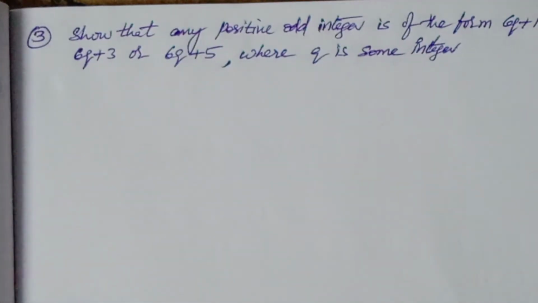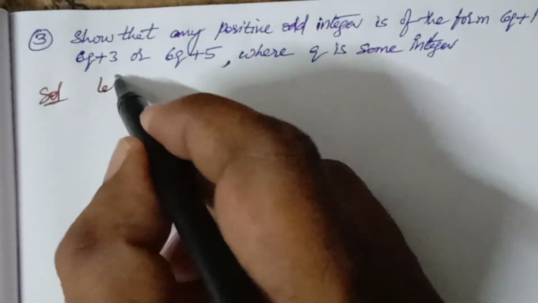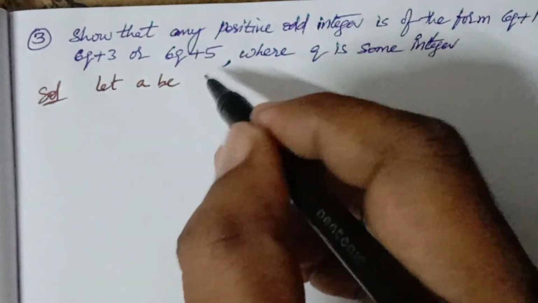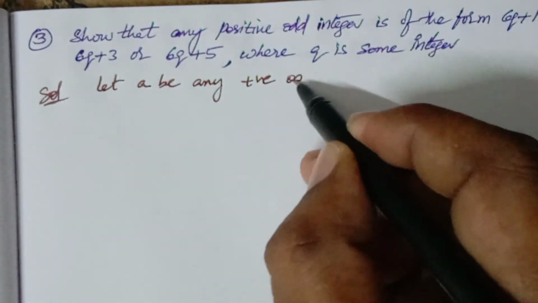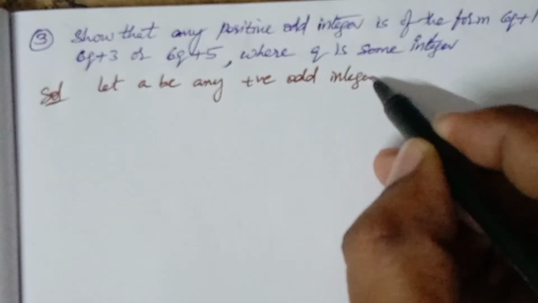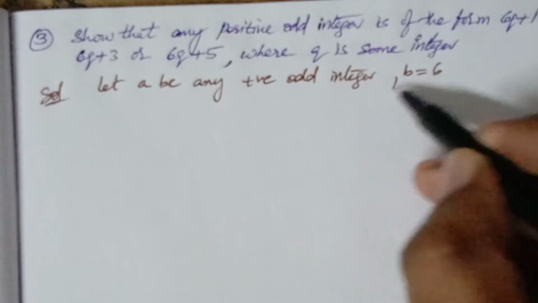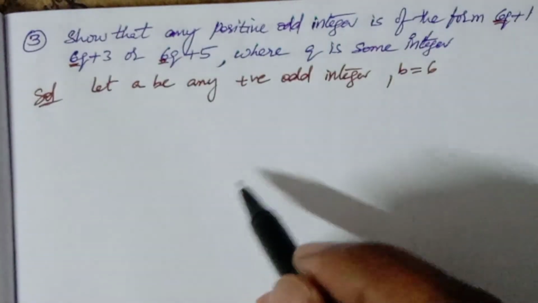Show that the positive odd integer is of the form 6q or 6q plus 3 or 6q plus 5. So here the solution: let a be any positive odd integer. Here b value is 6. Here 6 is given, so you are taking b value 6.